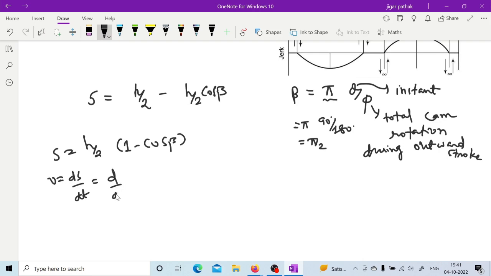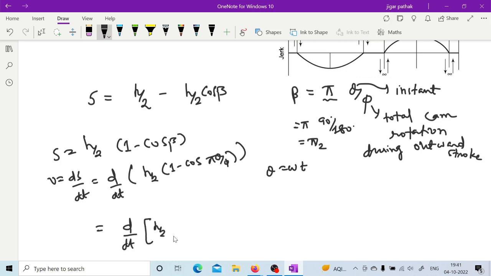So it will be d by dt of h by 2 into 1 minus cos beta, where beta is pi theta by phi, right? And as we all know, theta is omega t. So if you put all this value, then h by 2 into 1 minus cos of pi omega t by phi.